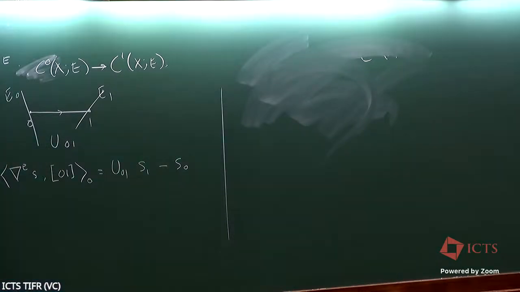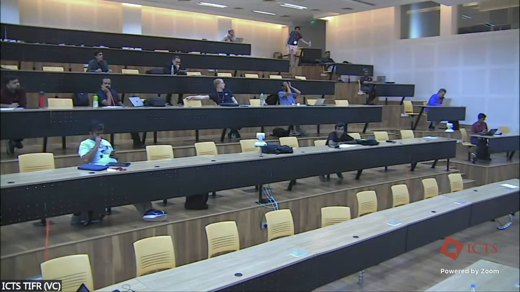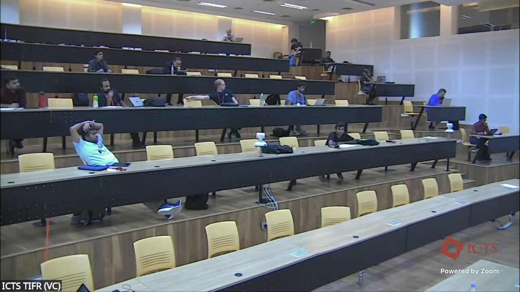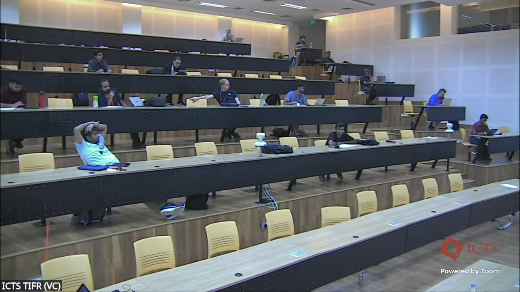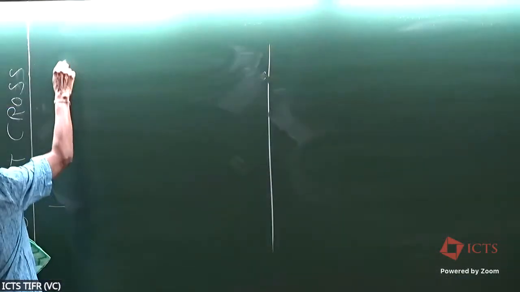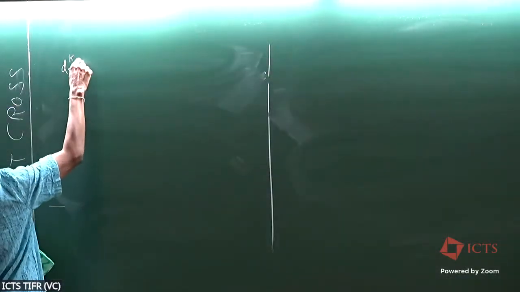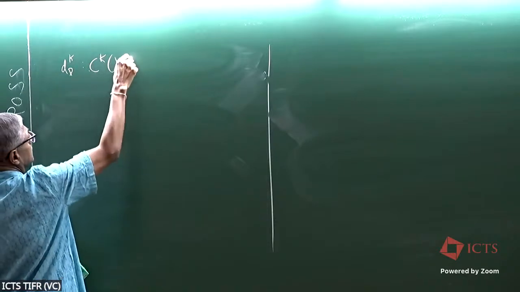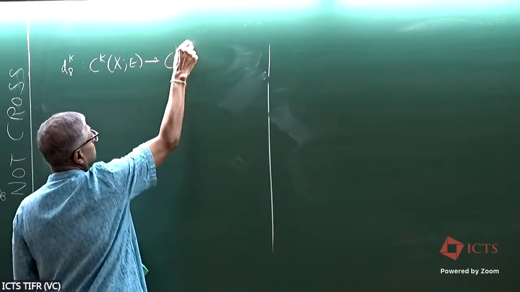So we were doing d nabla of a k-cochain, and we can do an example also. The d nabla of a cochain will be, once again, the coboundary operator with some parallel transports built in. Because of the choice we have made, only one simplex value will need to be transported, because everything else will be living in the right place. So let's say we want to define d nabla k mapping k-cochains to (k+1)-cochains.